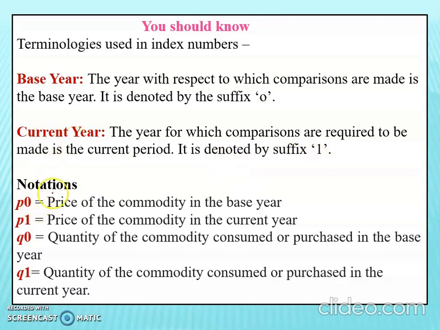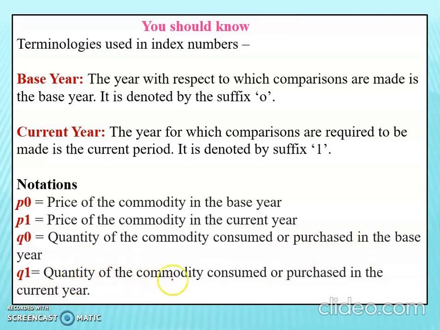Okay. Now see which elements are required. P0 means price of commodity in the base year. P1 means price of commodity in the current year. Q0 means quantity of commodity consumed or purchased in the base year.